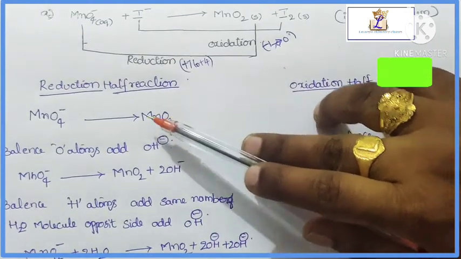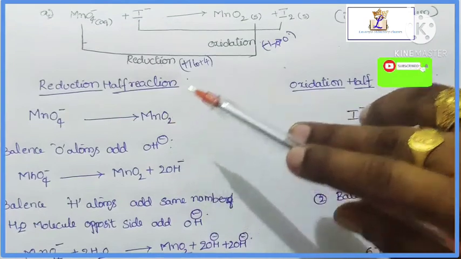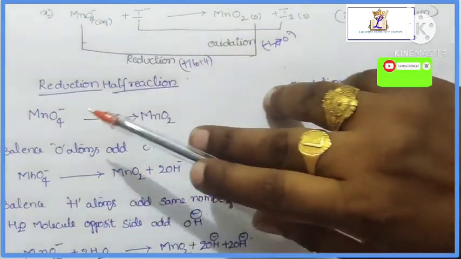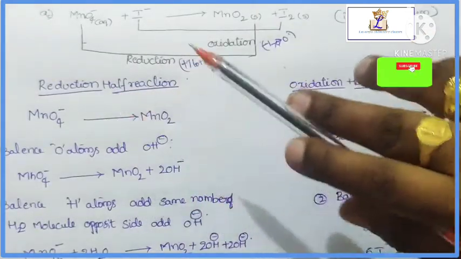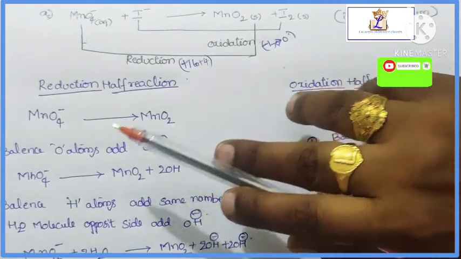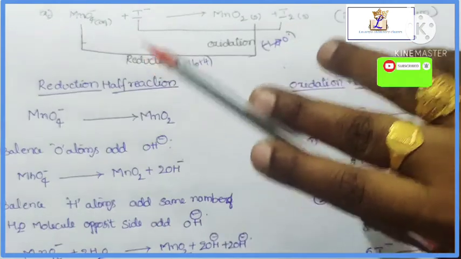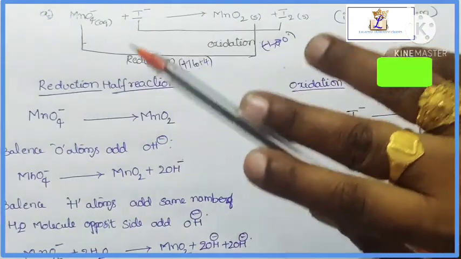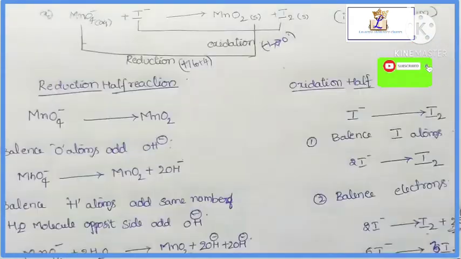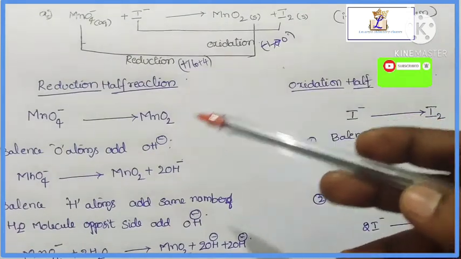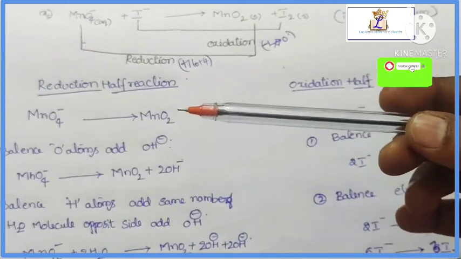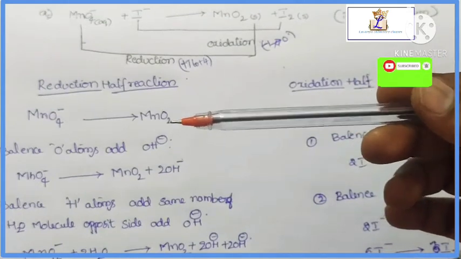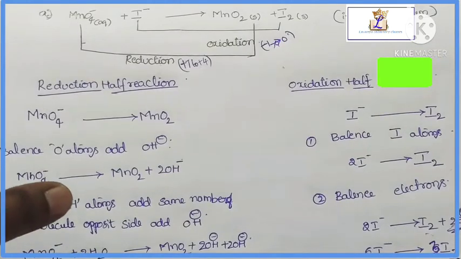So first we balance atoms, except oxygen and hydrogen; the remaining atoms are balanced first. In this equation, Mn and Mn, so manganese is balanced. And then we balance oxygen atoms.